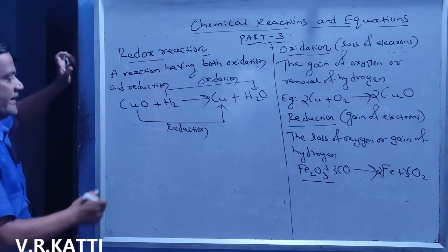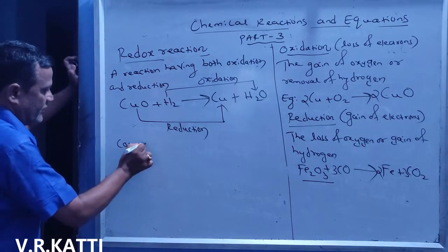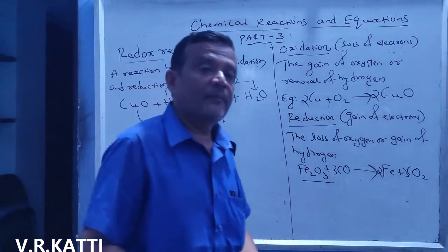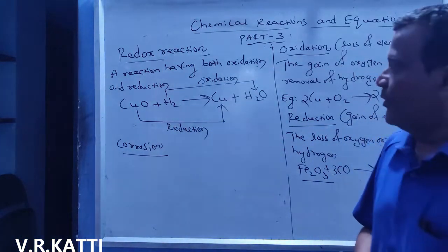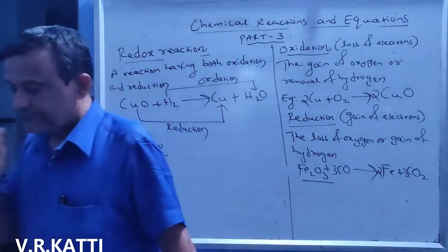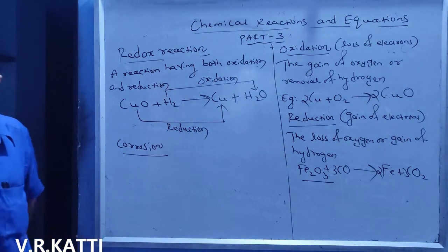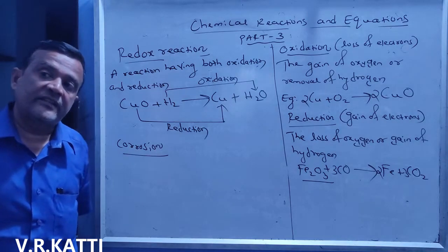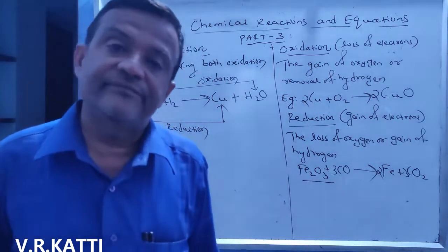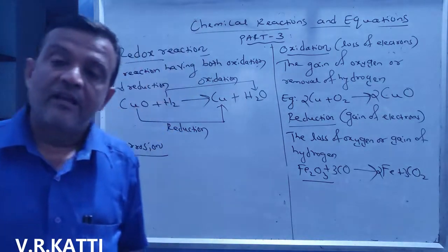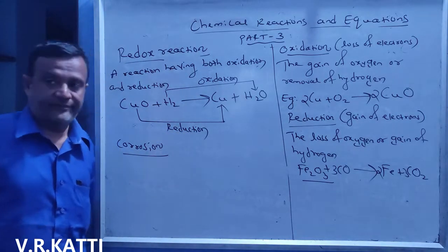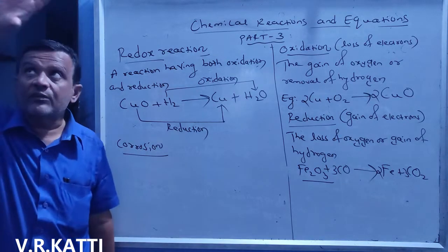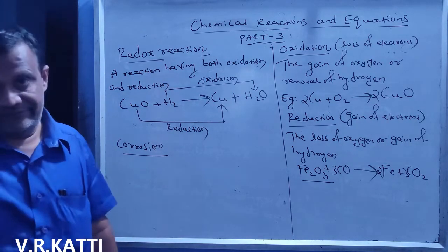Students, the next point is corrosion. What is meant by corrosion? Whenever metals are exposed to air, the strength of the metals may decrease if they react with the components of air.